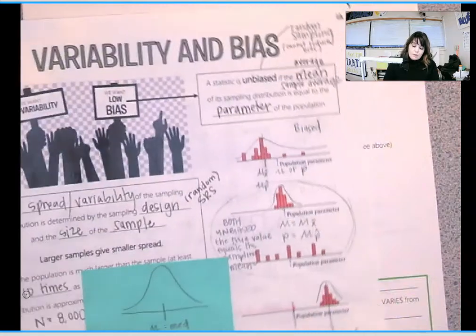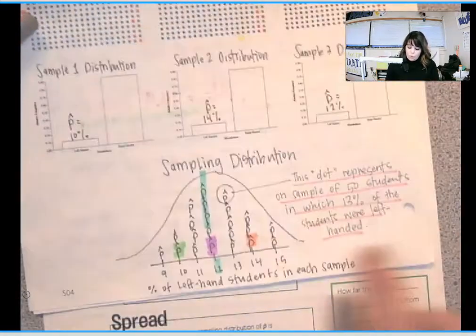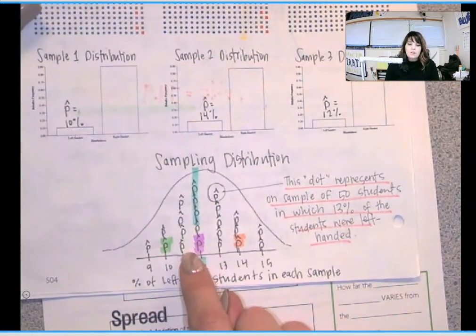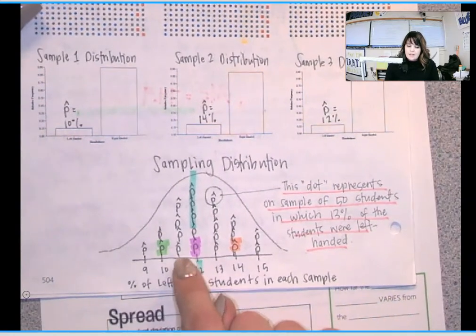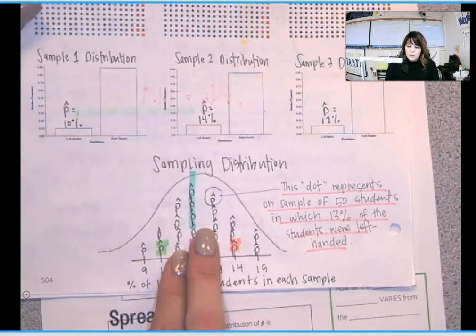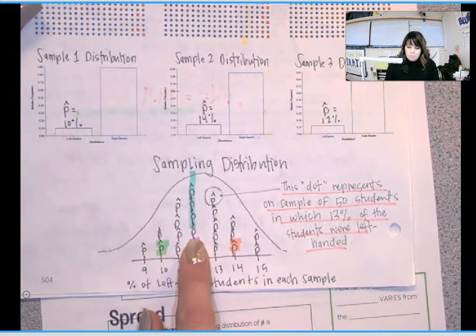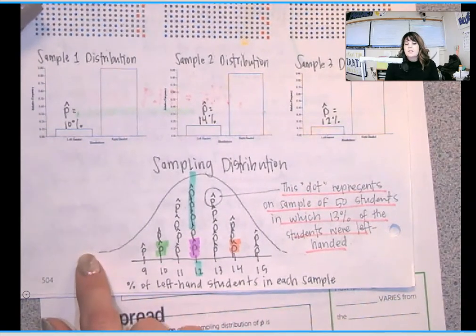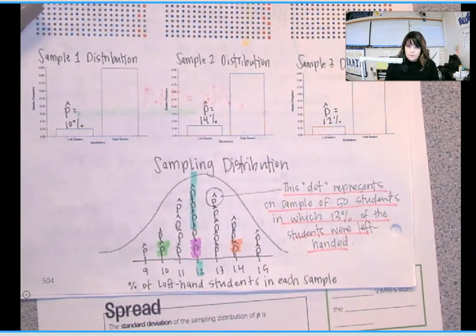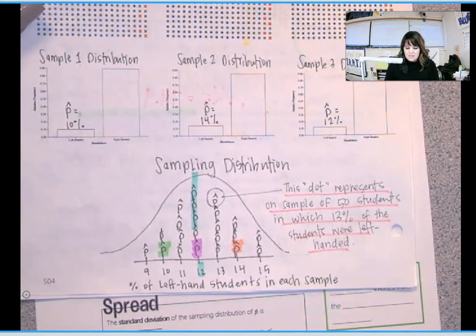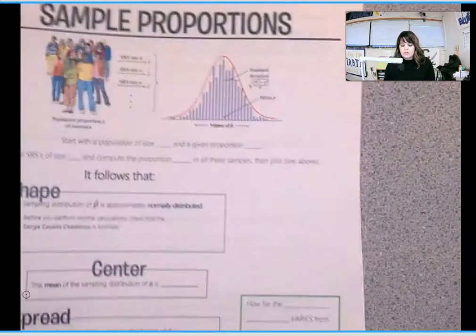So today we pull all of this together. What is it going to take for our distribution to look like this? And this is low variability, this is not biased, and this is normally distributed. So how do we get this distribution? That's where we start today.